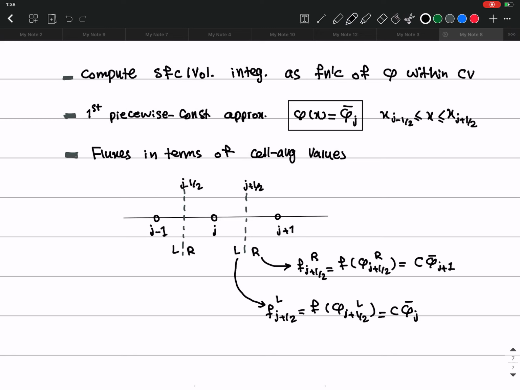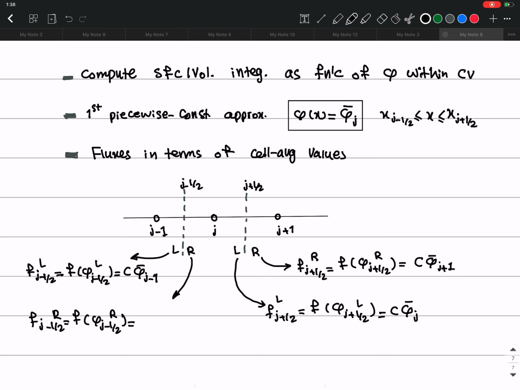And a similar thing for here. So f j minus 1/2 left is f of phi j minus 1/2 left, which is going to give me c phi bar j minus 1 because I am here in this cell. And the right one is going to give me f j minus 1/2 right equals f of phi j minus 1/2 right, which is going to give me c phi bar j.